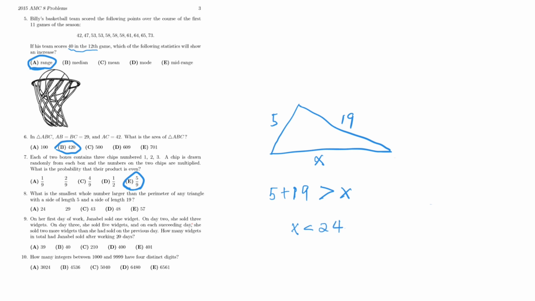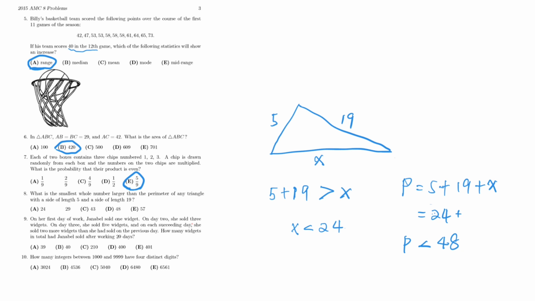The perimeter of the triangle equals 5 plus 19 plus x, and x is less than 24, so the perimeter P is less than 48.